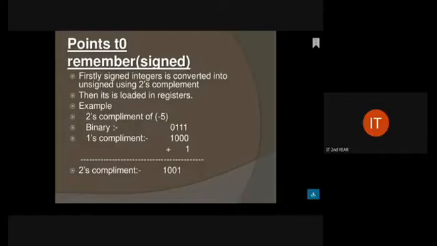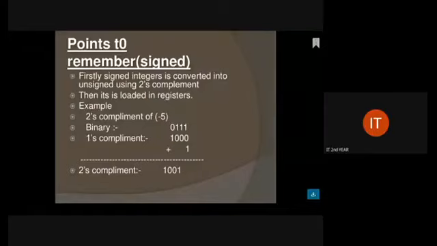For example, if we are going to deal with 3 into minus 5 or 2 into minus 5, we can't place the value of minus 5 directly, so we convert it to its binary equivalent, which is the 2's complement of 5.